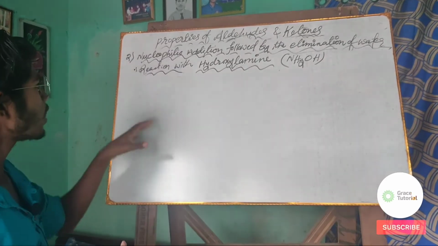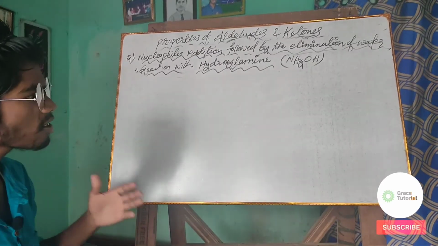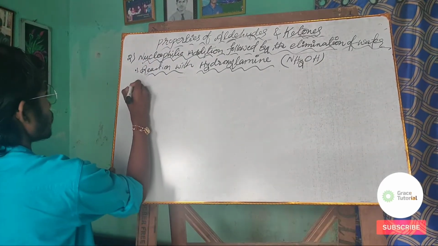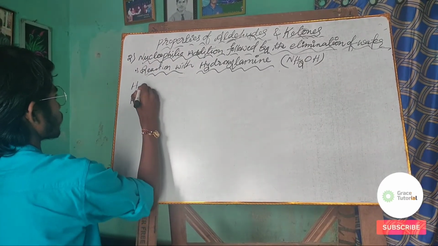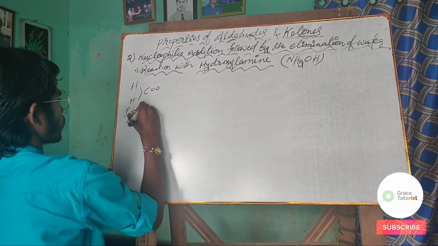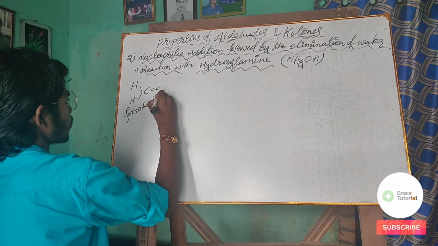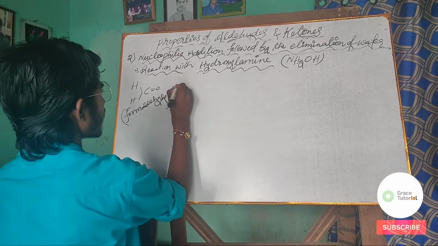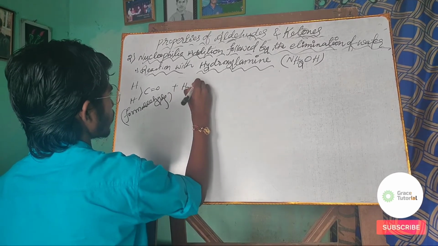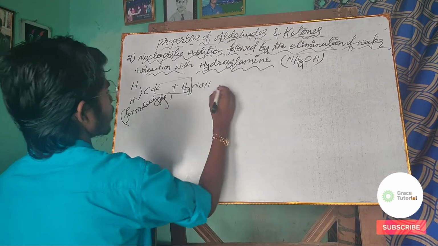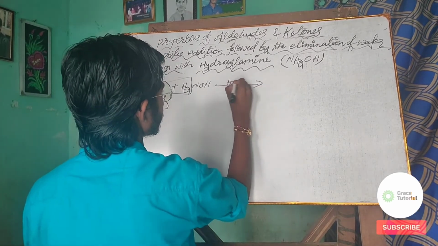What is the formula for hydroxylamine? NH2OH. Well, suppose I have formaldehyde, HCHO. This formaldehyde reacts with hydroxylamine, H2NOH. Water is eliminated from here.